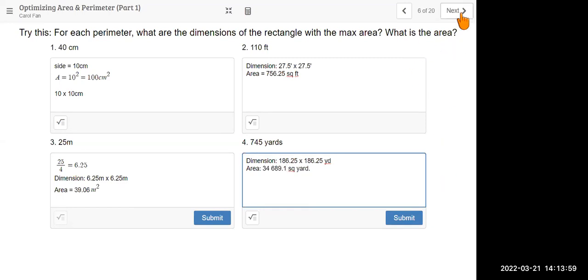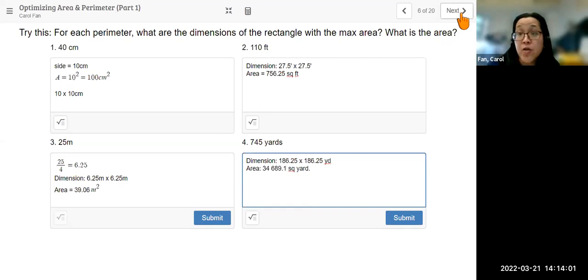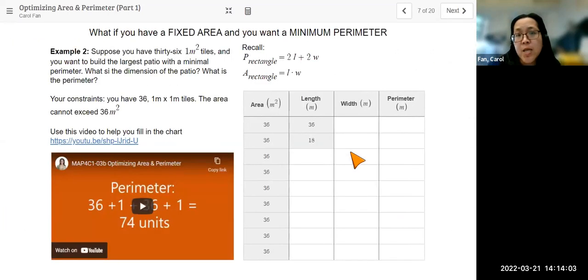Right, so now that we have practiced our first principle, let's take a look at another example. This time, we have a fixed area and we want a minimum perimeter. Let's say we had 36 1-meter squared tiles, and you want to make the largest patio with a minimum perimeter.